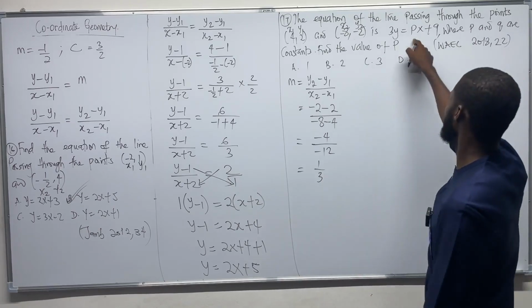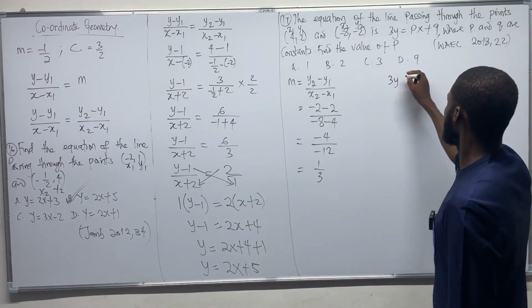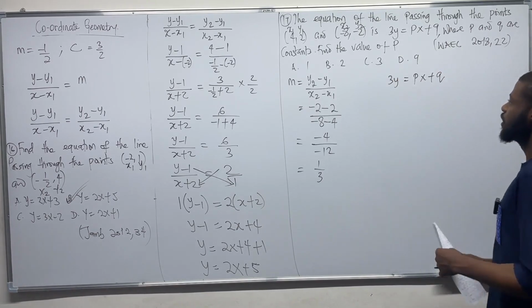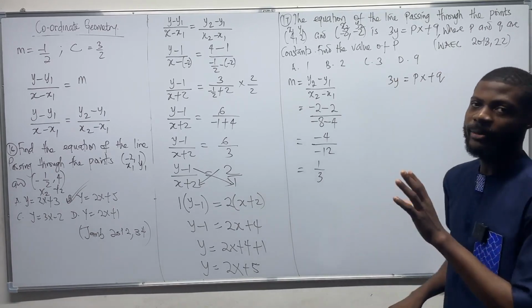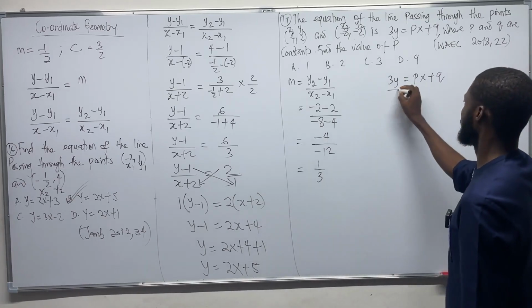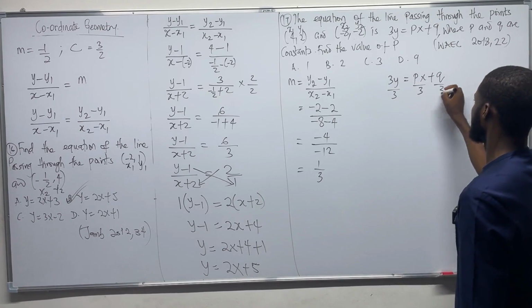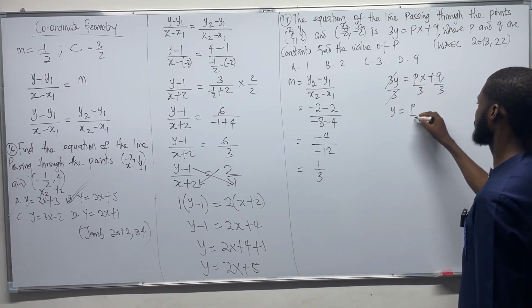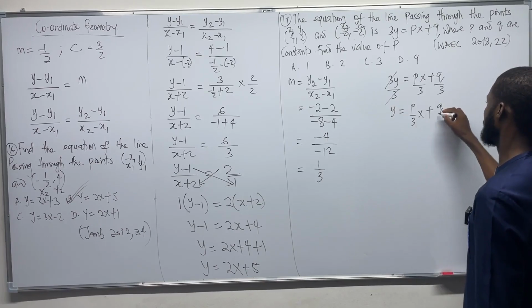Now let's come back to the equation. 3y equals px plus q. Now what do we do? To find the gradient from any equation, remember that y must be made the subject of the formula. So let's divide every single thing by 3. 3 cancels 3. y equals p over 3 x plus q over 3.